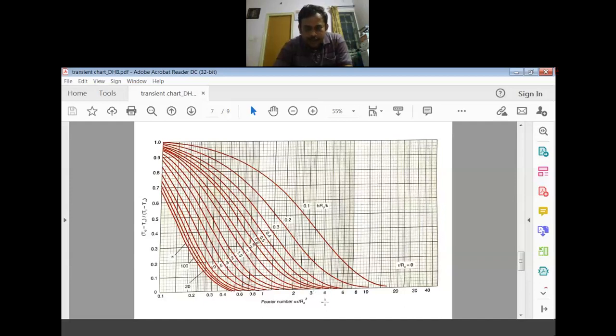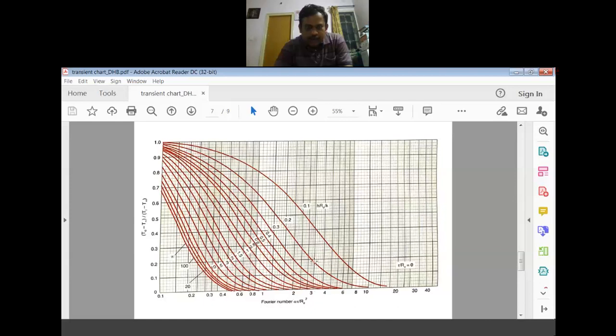Can you see here? This is the third: 1, 2, this is 3. From 3 you draw a vertical line and the 0.2 curve is this. This is the point.